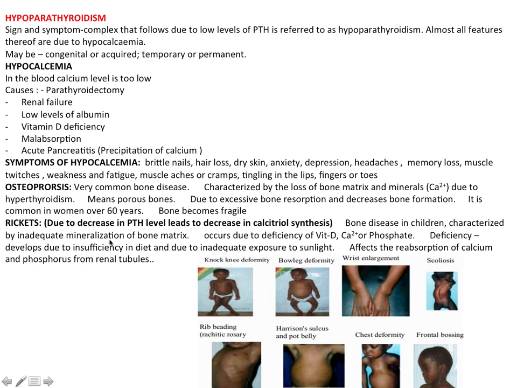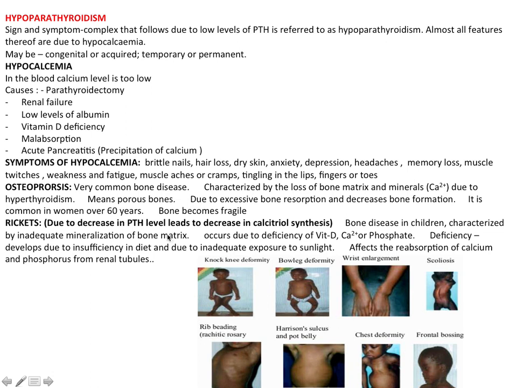The other deformity associated with hypoparathyroidism is rickets, that is a deficiency disease. And as the level of PTH decreases, the calcitriol synthesis is inhibited, thus the vitamin D synthesis is inhibited. So it is called vitamin D deficiency. So it can decrease the strength of bones, particularly in children. So here you can see various forms of rickets in children.